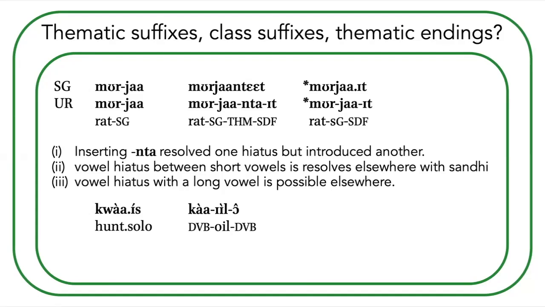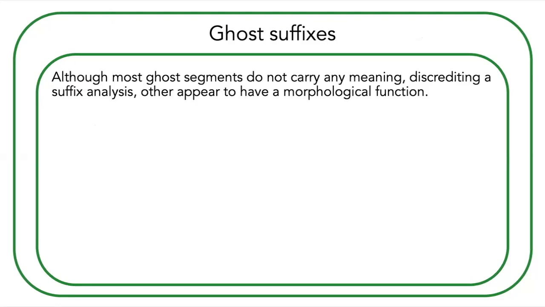Like you have here the word to hunt alone, huais, which has two syllables and they're in hiatus. And also the word for oiling, kailo, has a hiatus between two long vowels and is not a problem for speakers.